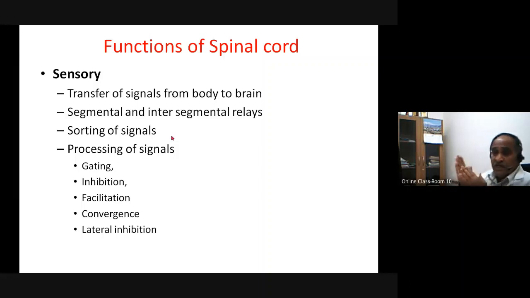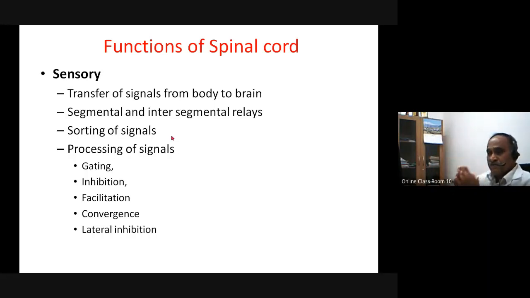The pain and the thermal sensations go by the lateral spinothalamic tract, or crude touch and crude pressure are in the anterior spinothalamic tract. Like that, there is a sorting of the information, and this particular sorting is taking place in the laminae, whatever I have listed. So that means in the sensory function, it is sorting the signals and the information, and it will send this part here, this part there.